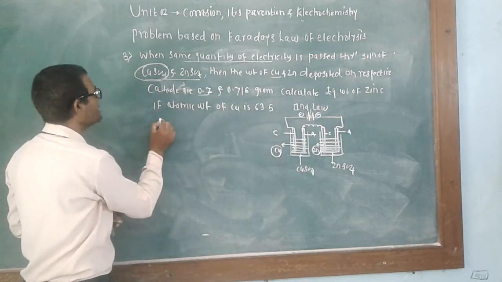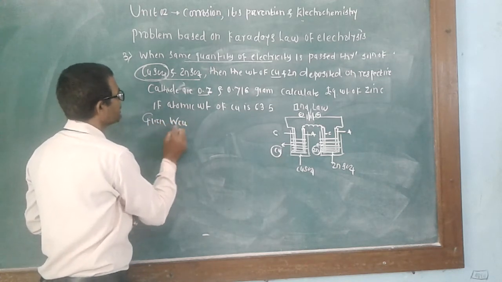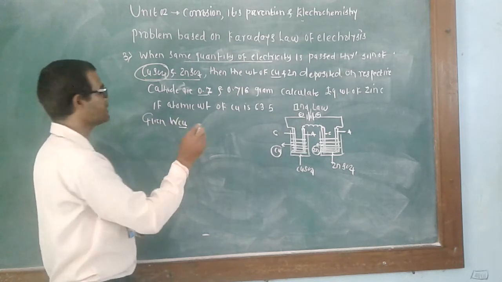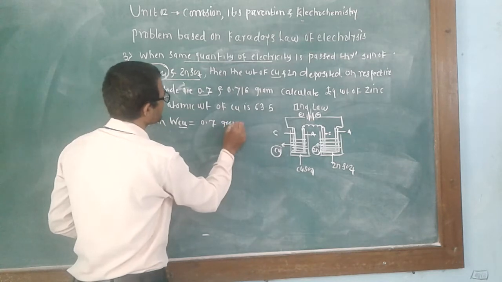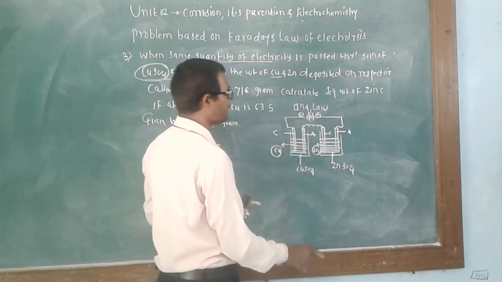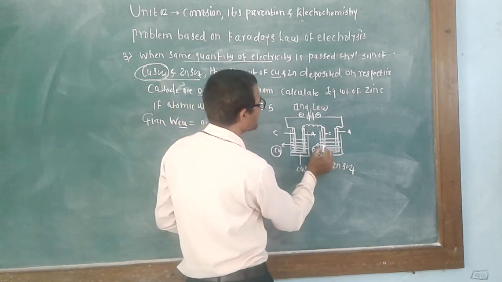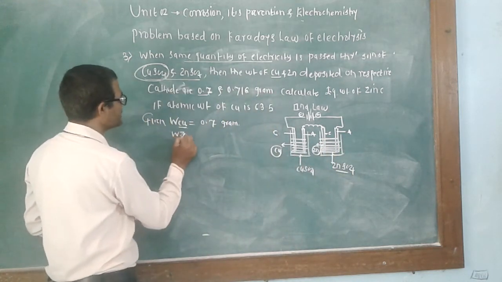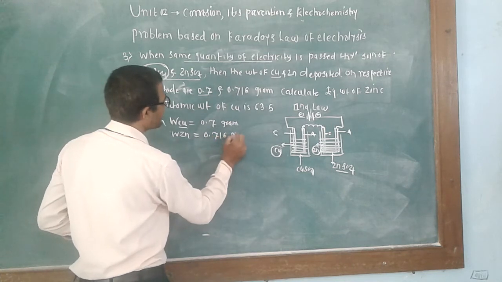So I will write here the given things. Given is W copper, the weight of copper deposited at the cathode, is 0.7 gram. Similarly, from the second electrolyte, the zinc is deposited at the cathode from zinc sulfate solution and the weight of zinc is given, that is 0.716 gram.